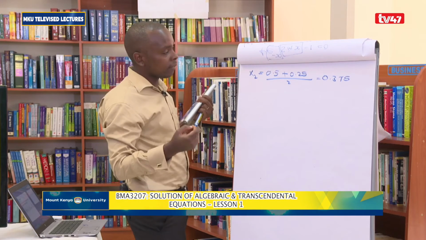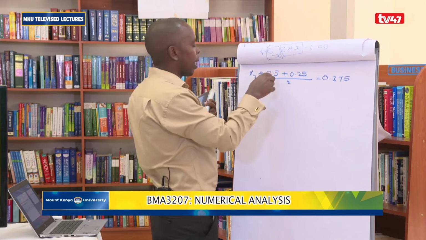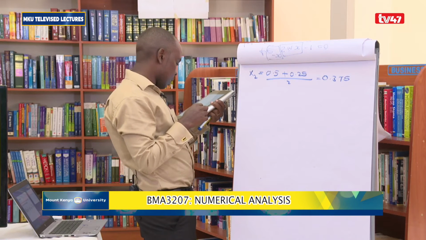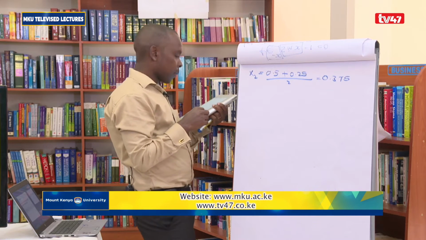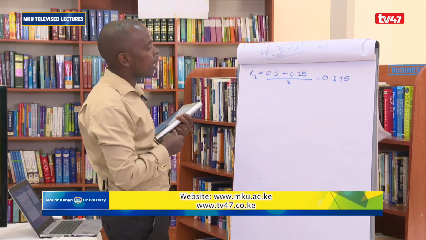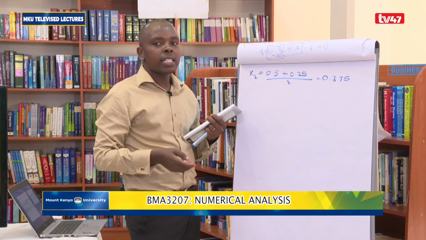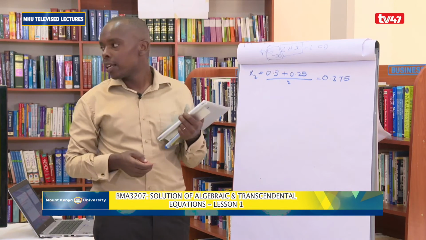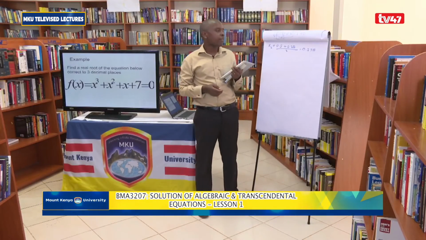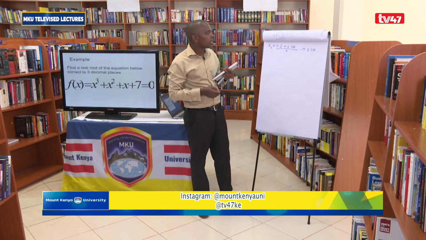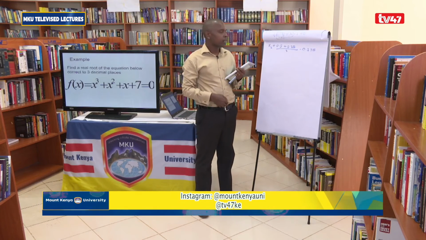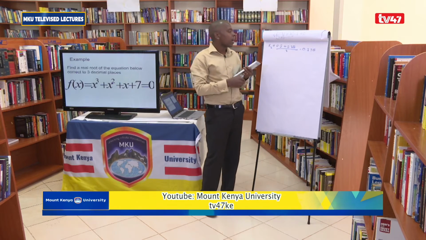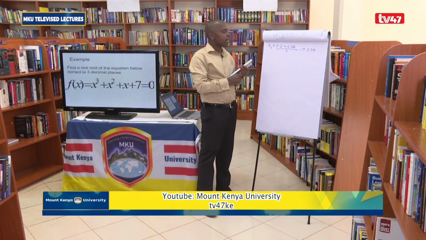If we get a negative value, then we shall know that the root lies between 0.5 and 0.375. So those successive iterations are supposed to be done until you end up with a value that, according to your judgment, so this depends on the conditions to your question, is the approximate to the root.